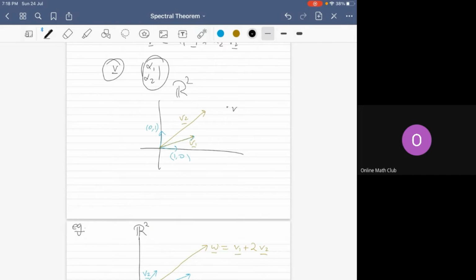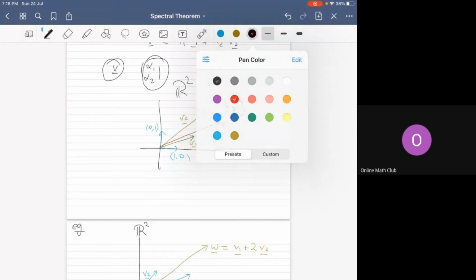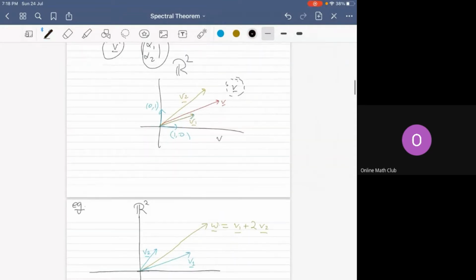Is there a nice way to convert between coordinates of a vector in this basis and this basis? So V is alpha 1 V1 plus alpha 2 V2, and this could also be written as beta 1 (1, 0) plus beta 2 (0, 1).